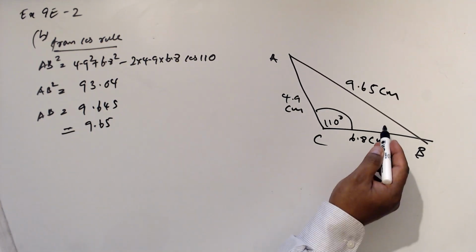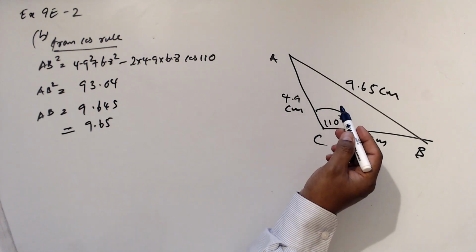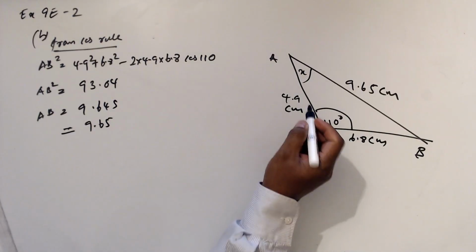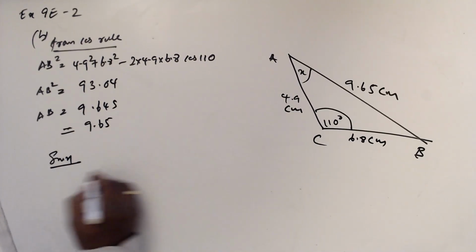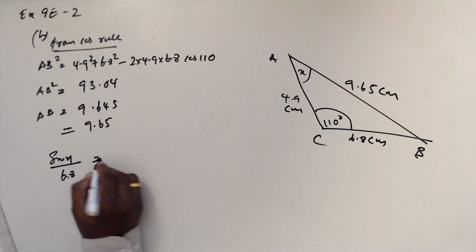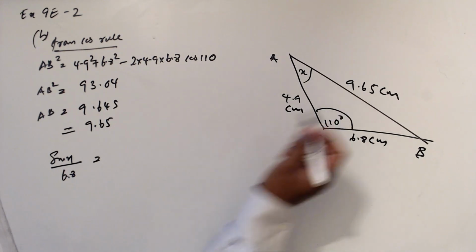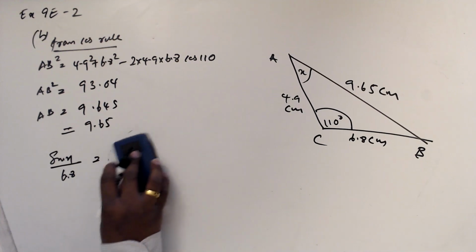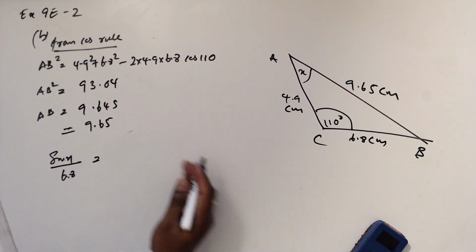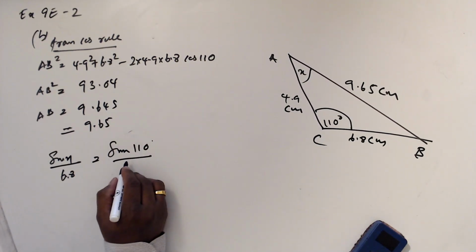Now I want to find those two angles. So we'll find this angle. I'll take this as x. So sine x over 6.8 equals sine 110 over 9.65.